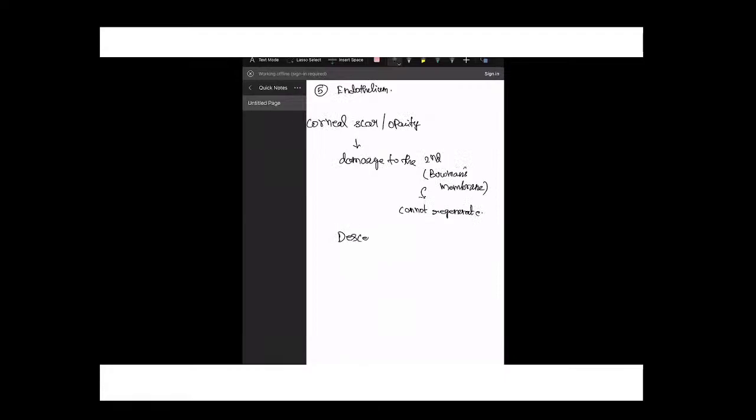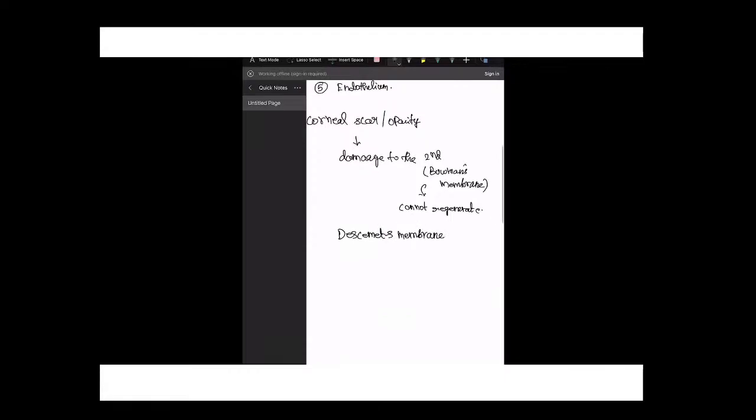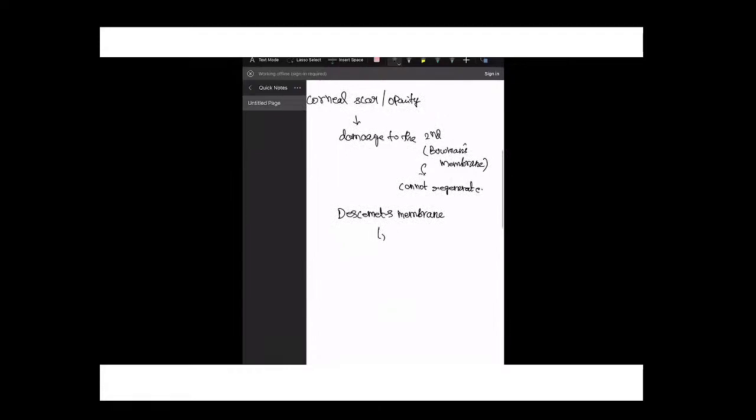Descemet's membrane is the innermost, so bacterial, parasitic, or viral infections cannot enter through this Descemet's membrane to the endothelium, except for one organism, that is fungus. Fungus can penetrate into the intact Descemet's membrane.